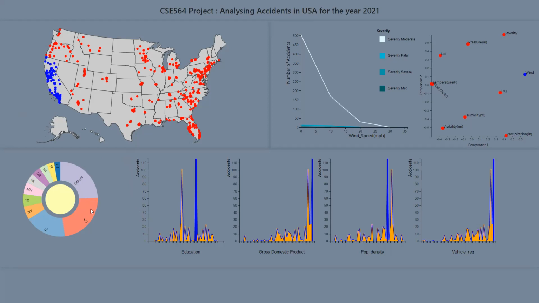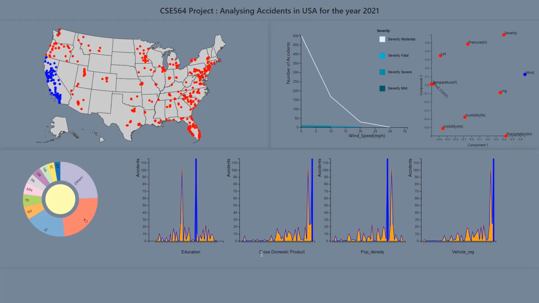We have considered the following attributes: the education, the gross domestic product, the population density, and the vehicles registered for that state. In this bar chart, each bar is representative of a state, and the data on the x-axis again is sorted. For example, the education, in percentage, is the percentage of people who have a bachelor's degree, and it goes from 0 to 100% here.